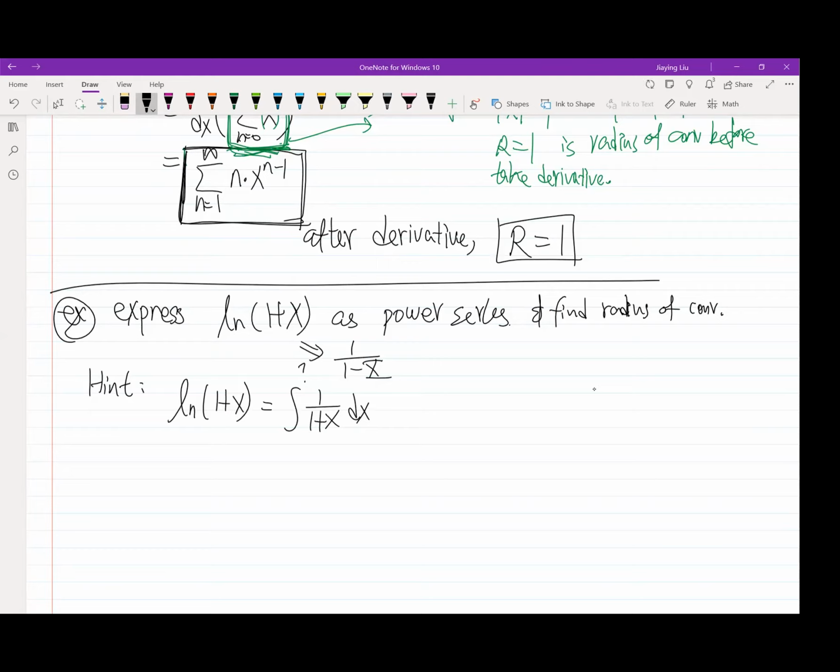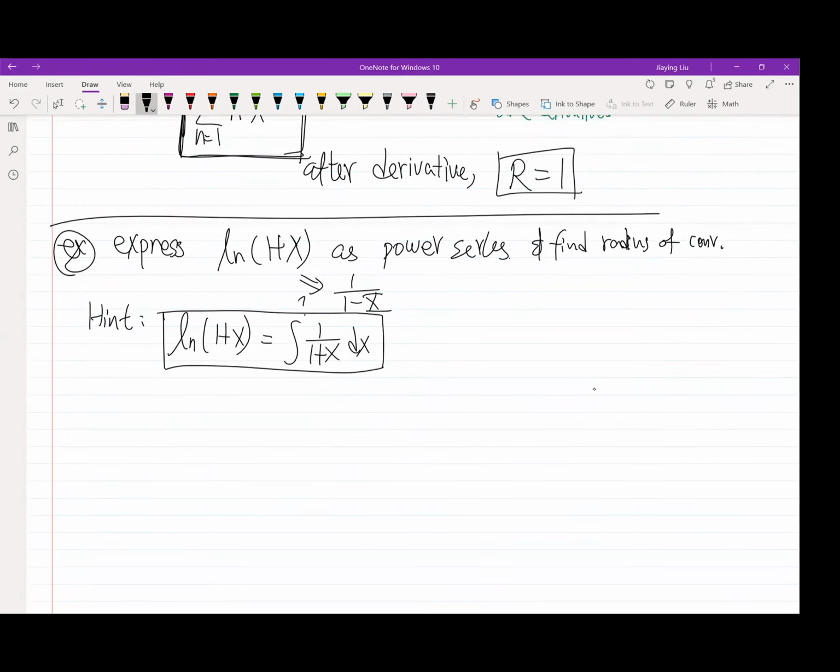So that's the hint we're going to use. Because 1 over 1 plus x, we can try to find the power series, and we can integrate it. So natural log of 1 plus x is equal to the integral of 1 over 1 plus x dx.